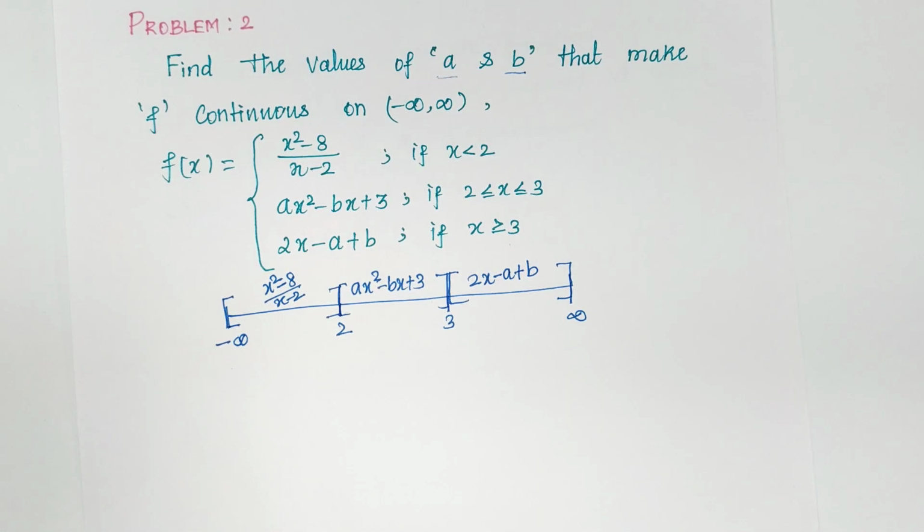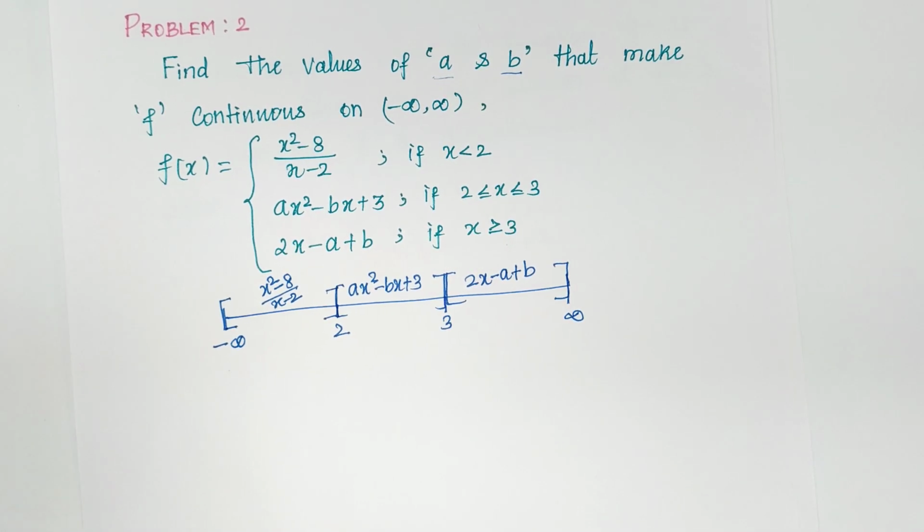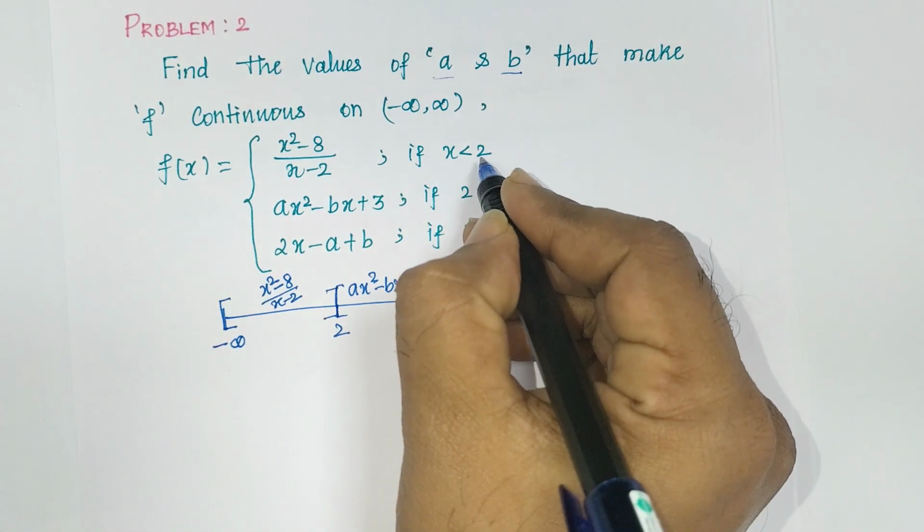If f is continuous, already you know that at a particular point we have to find the left hand side and right hand side values and equate them, you will get one term. In a similar manner here also, based on previous problem 1, I am going to solve. So first I will take the point x equal to 2.